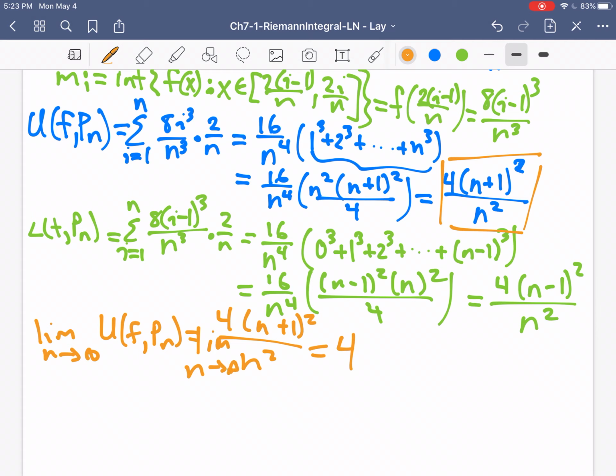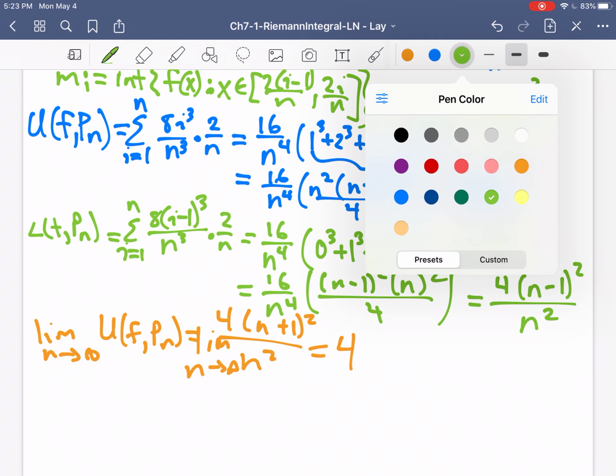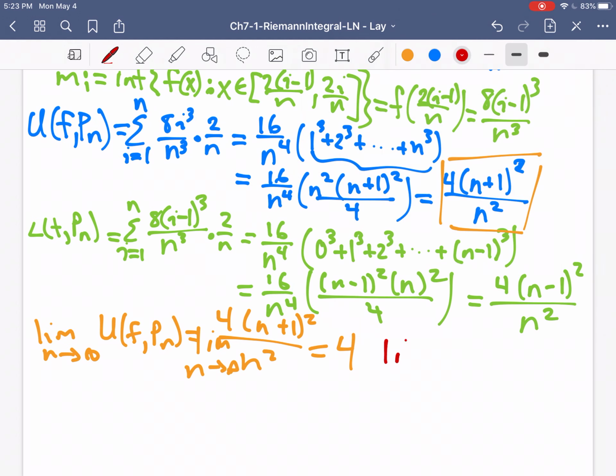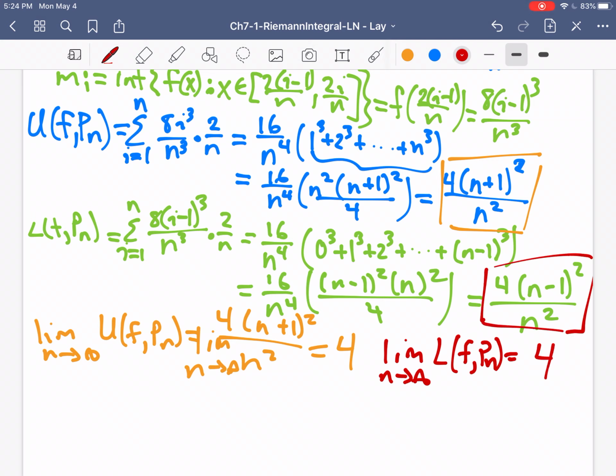And we will also find that the limit as n goes to infinity for this lower sum is also going to be equal to 4. And so you could use L'Hopital's rule to evaluate those. You would get some indeterminate form stuff. So you could evaluate those.